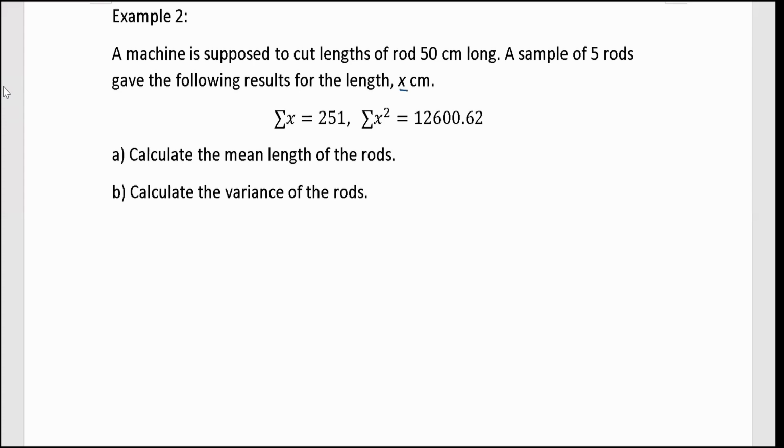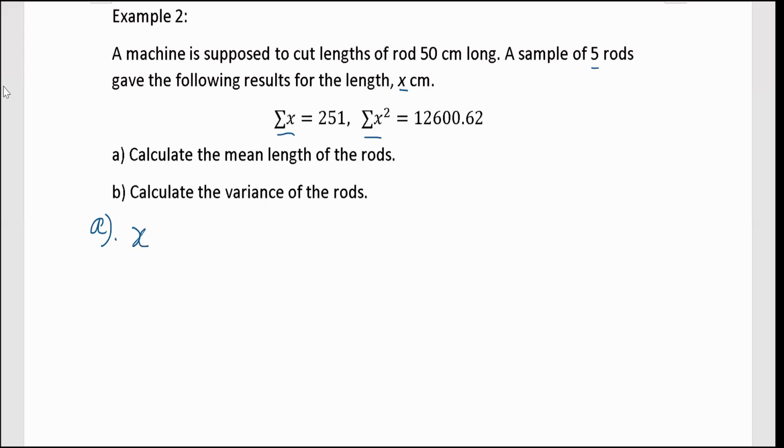So that is what I mean. You are given the information of summation x and summation x squared, or I call it sigma x squared. So there is a sample of 5 rods, so there is a sum of 5 rods' length.